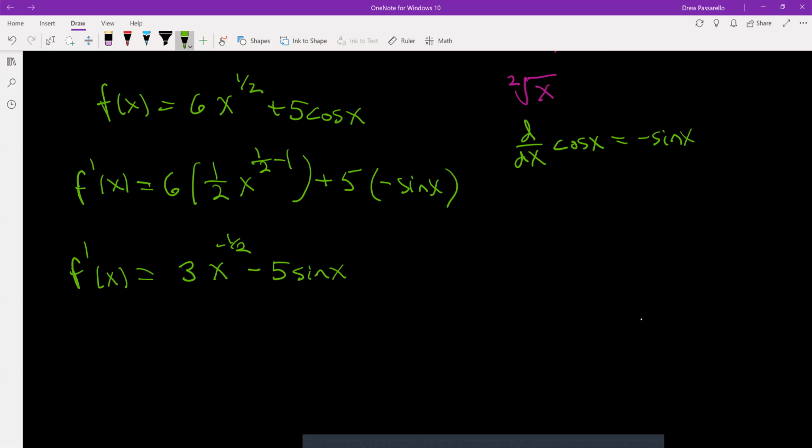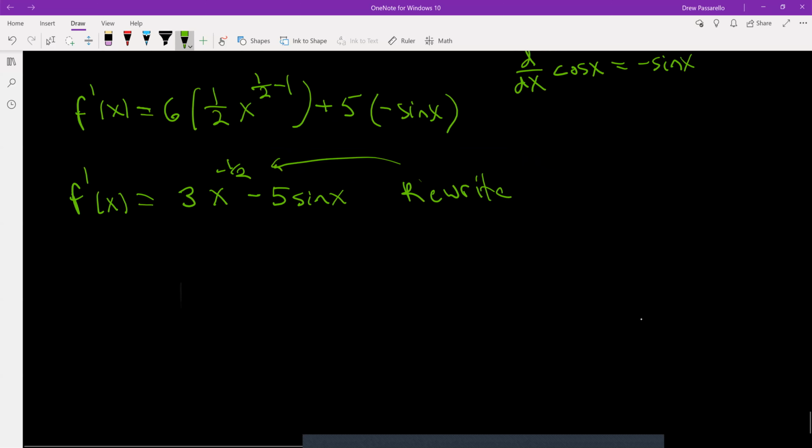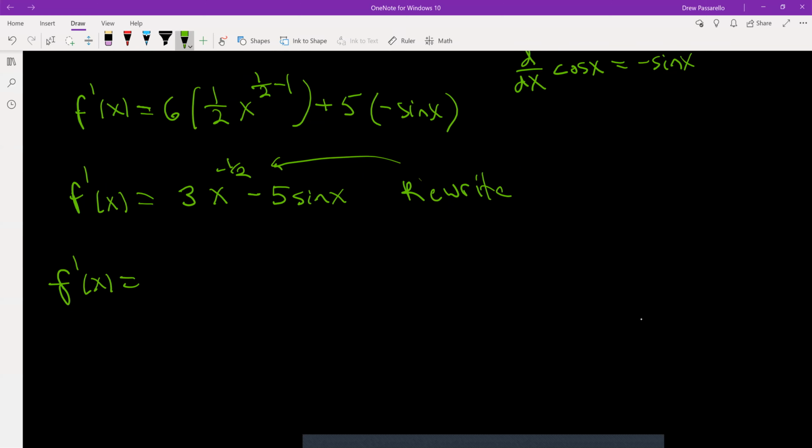And notice I have a negative exponent. So I'm going to rewrite, since I have this negative exponent of negative 1/2. So it's going to be f prime of x equal to 3 over x to the 1/2, and then minus 5 sine x.